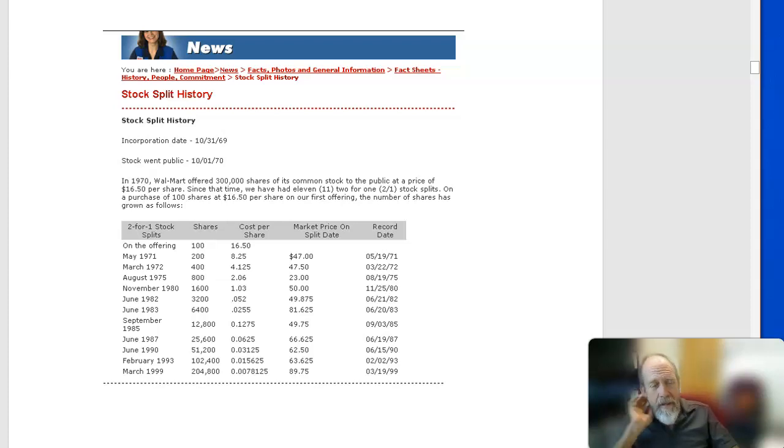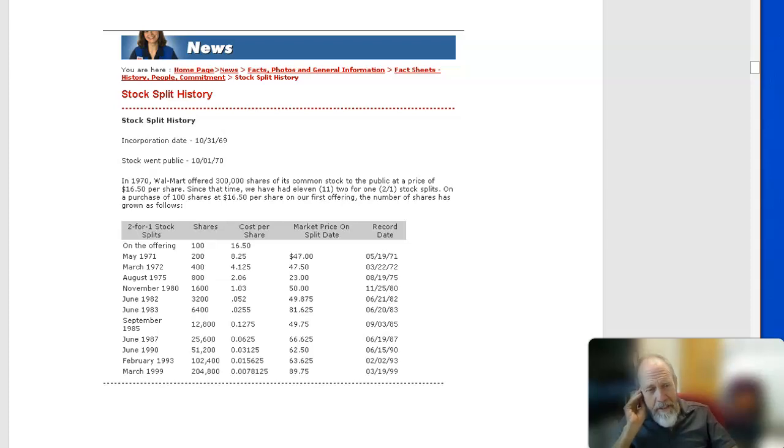But the price of stocks changes, and typically when you do a stock split, the share value goes up relatively rapidly, and you now have twice as many shares. So if you look at just the stock split history of Walmart, you started with 100 shares at the original offering, but it split quite a few times.